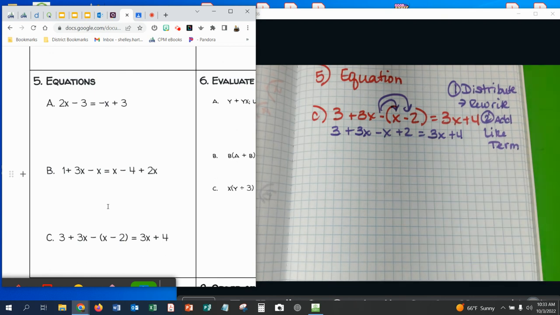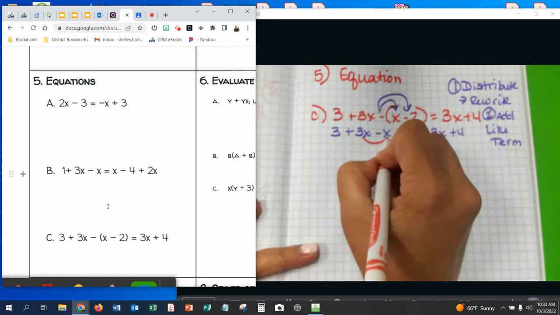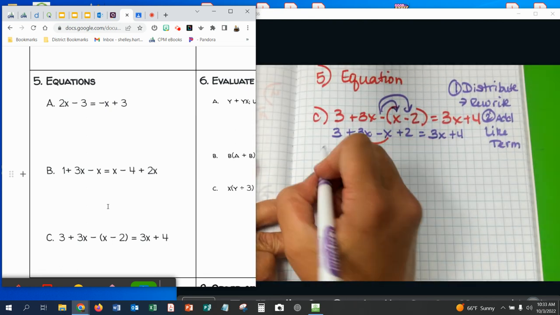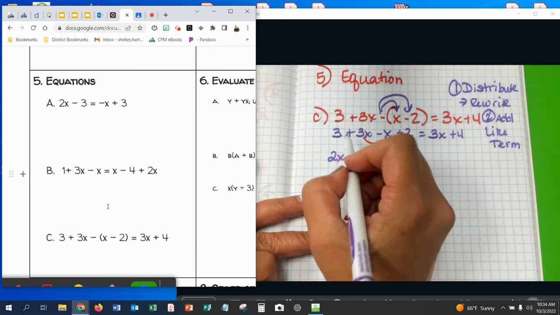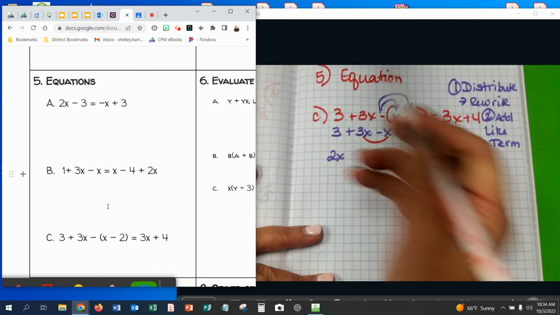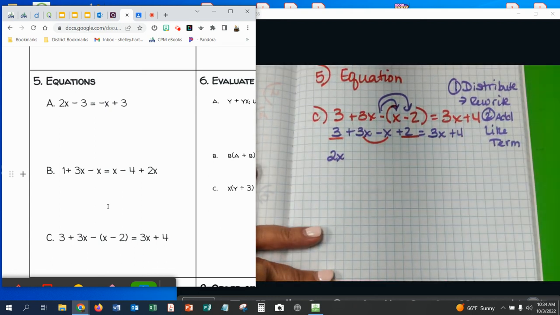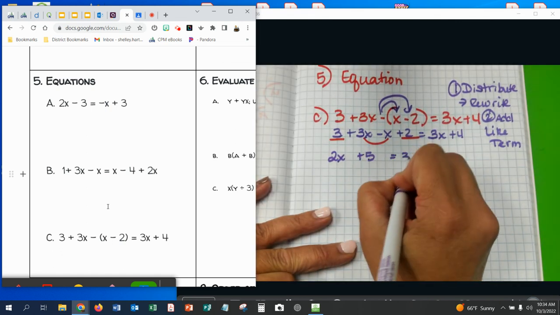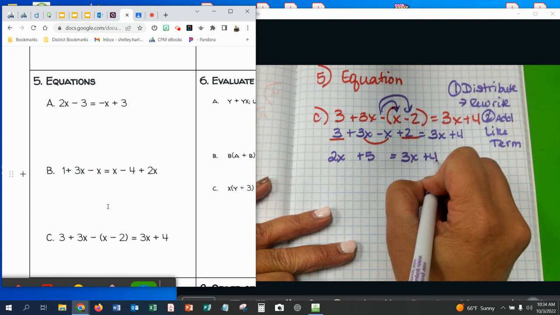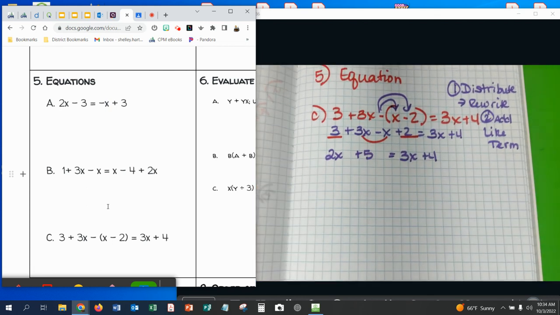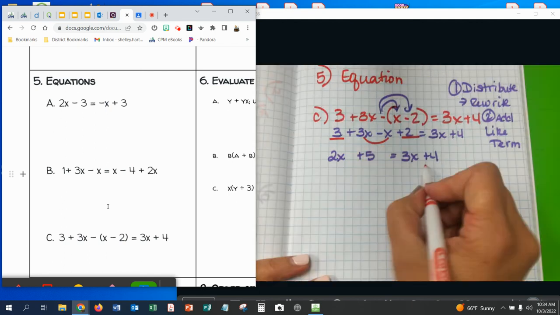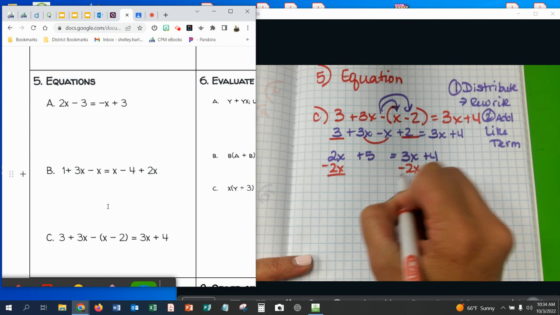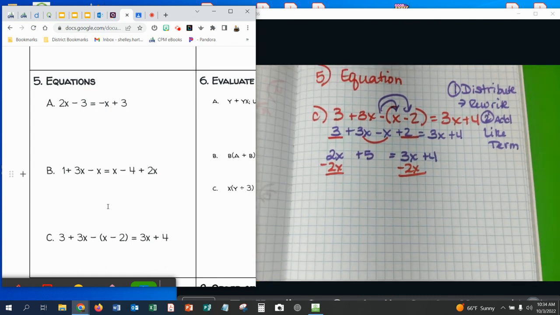I'm going to identify them first. So these two go together. So 3x minus x is 2x. And then this and this go together on this side. So that makes 5. Equals 3x plus 4. Okay, I want to keep things positive. So I'm going to subtract 2x on this side because it's smaller than the 3x. Rewrite.